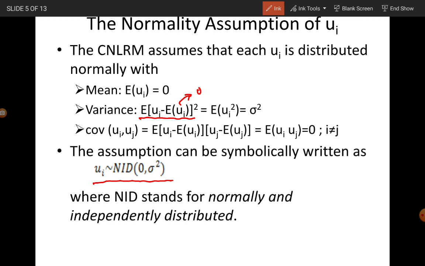More properly, it is written as NID, that is normally and independently distributed. By independently, I mean the third point, that the covariance between ui and uj is equal to 0, right? So NID stands for normally and independently distributed.